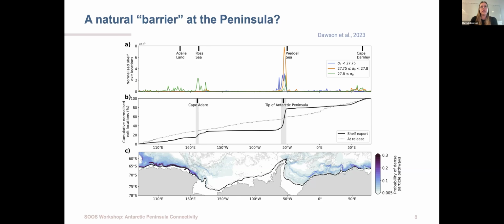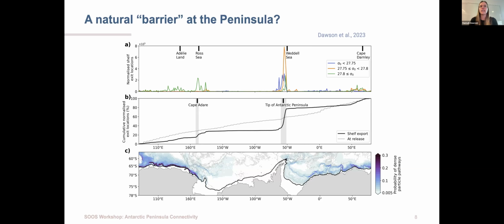And we kind of made the interpretation from this that the circulation or configuration at the peninsula is acting as a quasi-barrier to the propagation of along shelf anomalies. But in hindsight, I'm not sure that that's the best interpretation because, if we trust some of the modelling work, at least, I'm very happy to discuss that more as well.